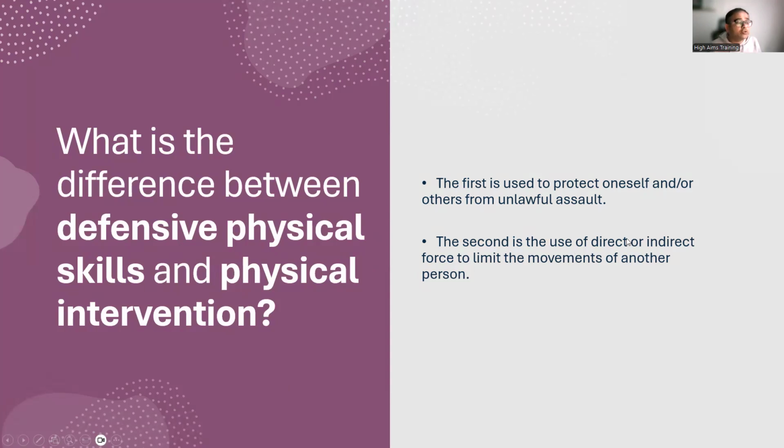And the second is the use of direct or indirect force to limit the movement of another person. So defensive is where you are saving yourself, and physical intervention is where you are restricting someone else's movement. So maybe you need to escort them out, or maybe they're getting physical, so you restrict their movement as a team member when you're working as a team.